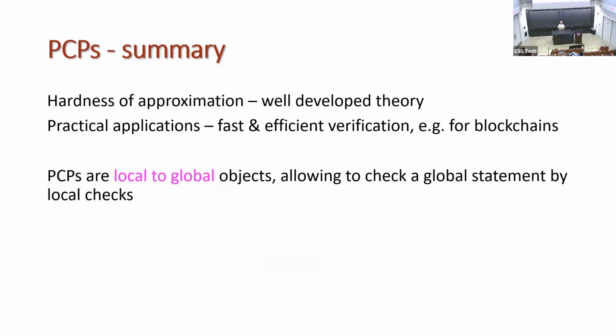It's really a local to global object. It tells you how to encode any NP statement, that's a very global object, in a way that you can check it using very local checks. So you basically allow local checks to deduce some global statements. So it's very naturally fitting into this expander world.